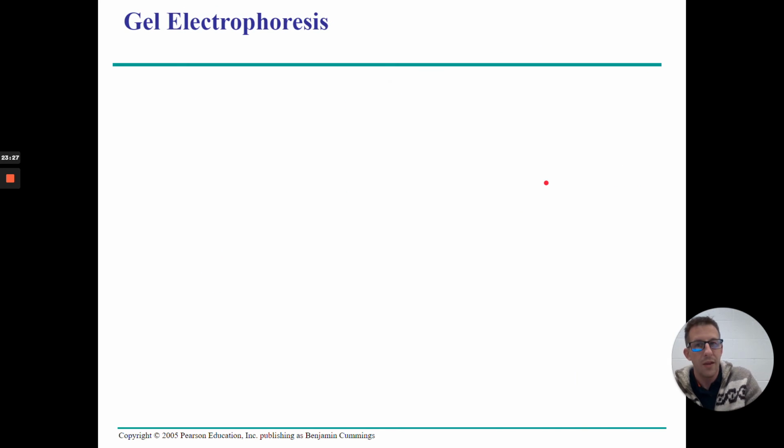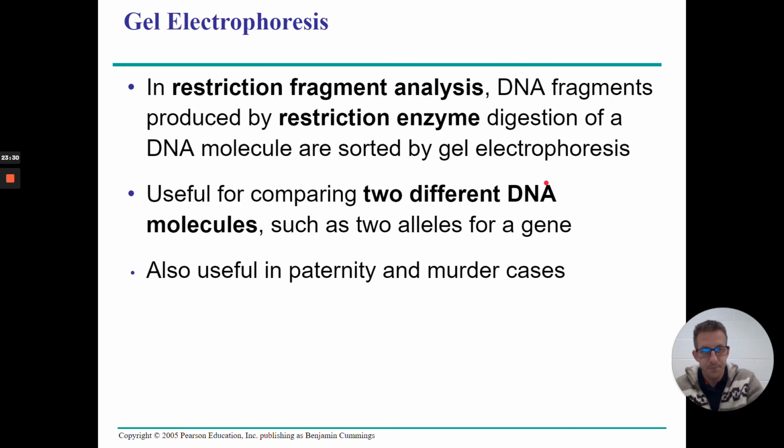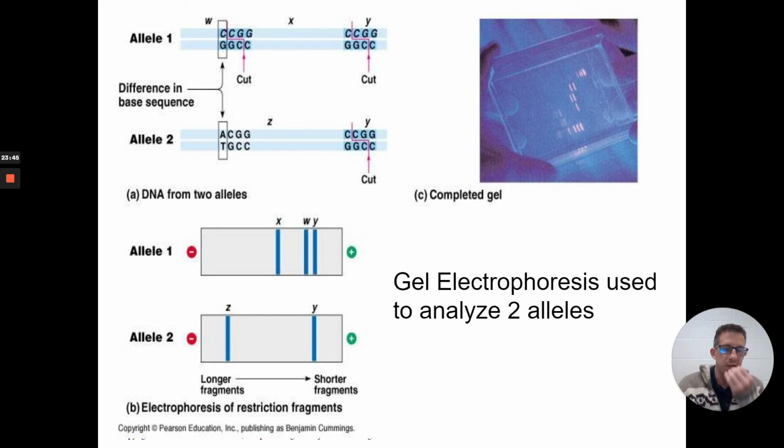Okay? Now this is oftentimes used in many different things. One of the first things we'll talk about here is identifying two different types of alleles. Okay, so you can identify two different types of alleles for a given gene, and also we use these in paternity and murder tests. And I'm sure there's countless other applications for this particular technology.